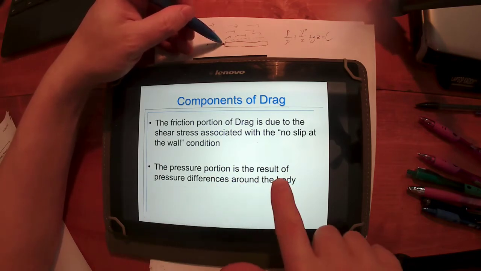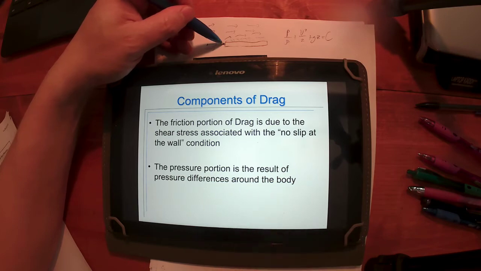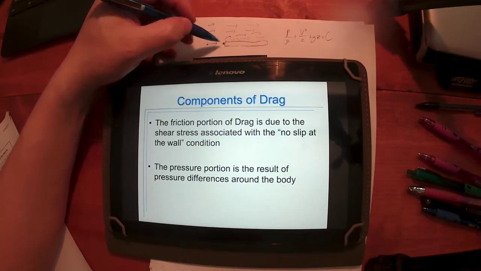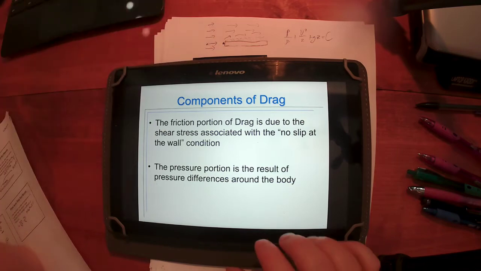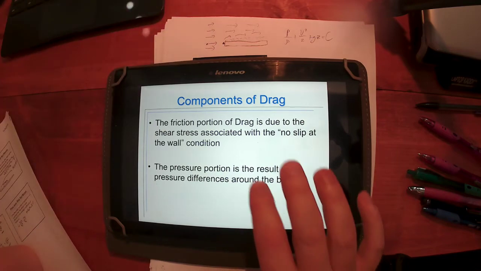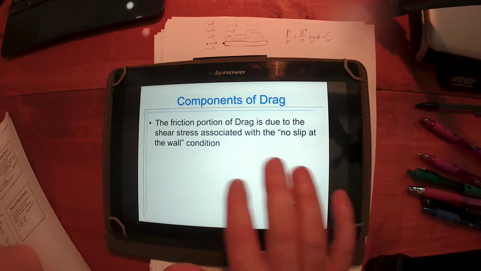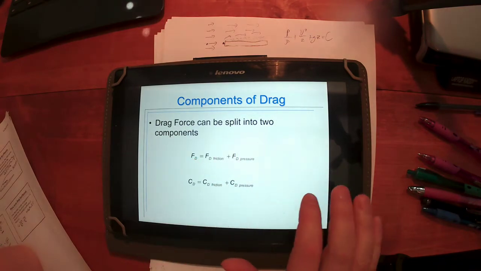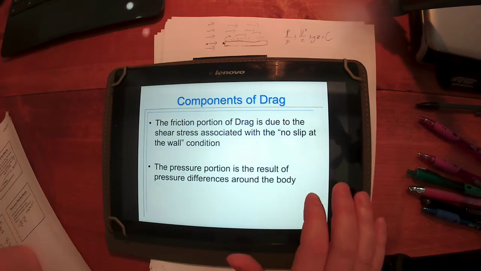So the pressure portion of the drag is the result of pressure differences around the body, resulting from this change in speed causing a change in pressure within the fluid. And so these two components added together, the pressure component and the friction component, cause the total drag force.